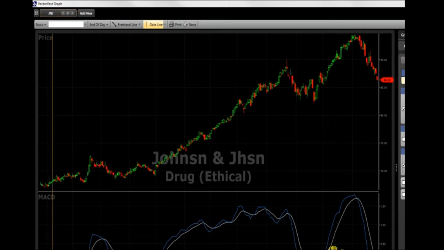Two things I want you to be aware of here, though. Using crossovers below the histogram is going to be more aggressive, but they offer more explosive profit opportunities. So if we look at that first crossover that I showed you right here, that was a nice big run for that stock, right? Same back here where we had the crossover happen below the histogram.